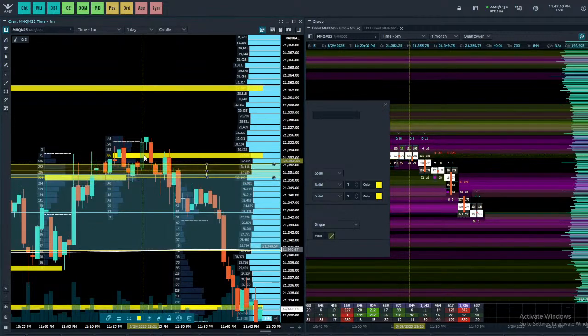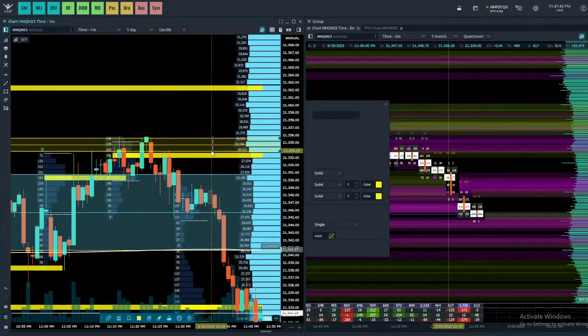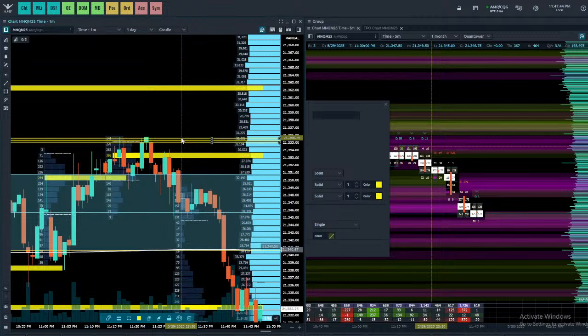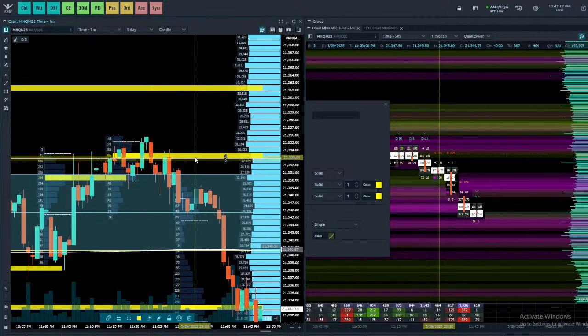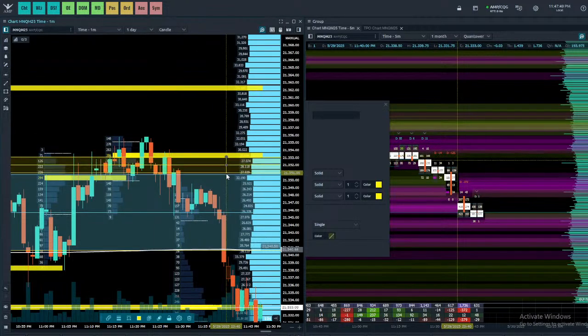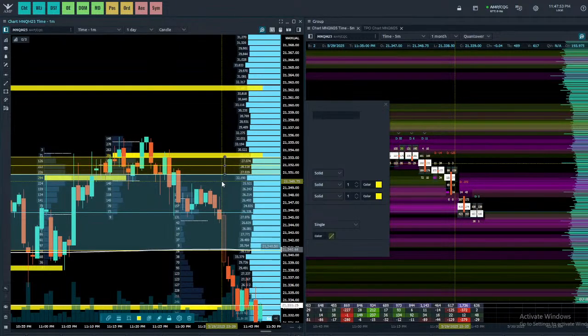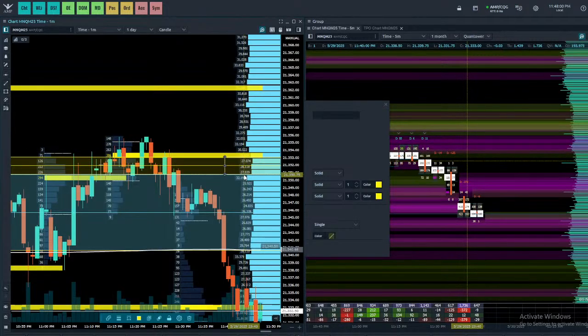So would y'all draw multiple order blocks or just follow it along down? So it'd be like from here, then you move it down to here. See how all the numbers are similar? Yes.